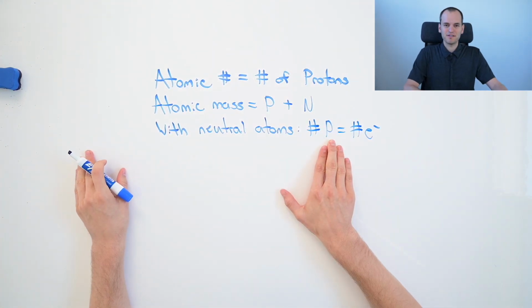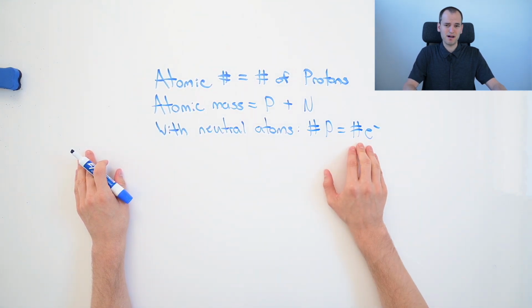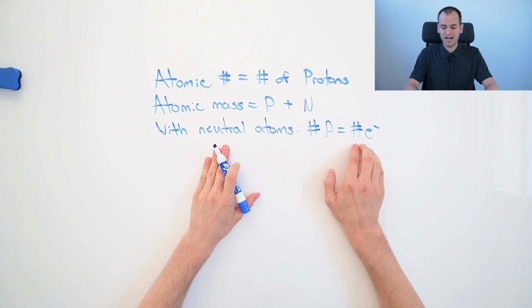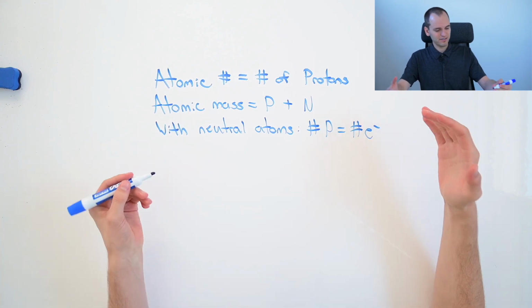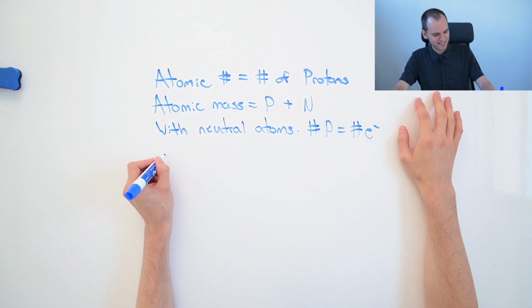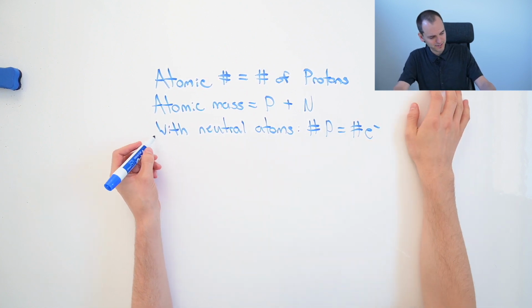As I mentioned in the first part of this video, protons are +1, electrons are -1, so if it is neutral, you'll have the same number of these in the atom. And the last thing we need to know for a convention or guideline is the different shells or energy levels of the atom.